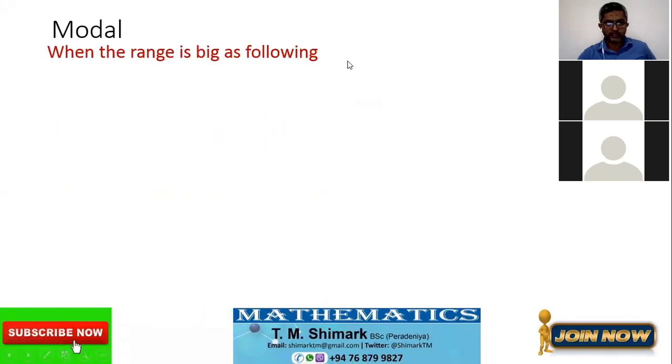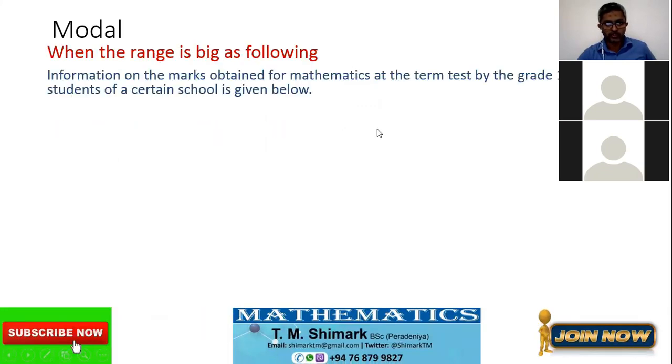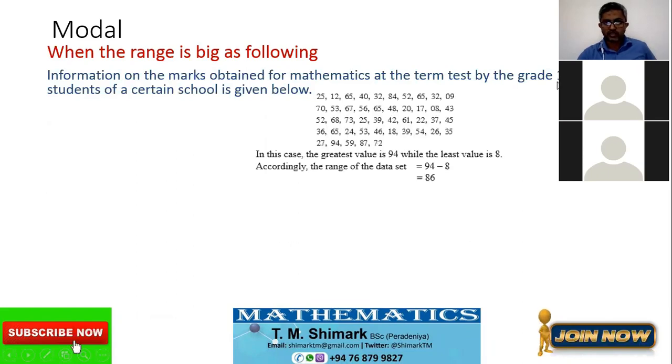I'll take a model on that. If you take this question: information on marks obtained in the mathematics term test by grade 10 students of a certain school is given below. Here the range of marks is very high.